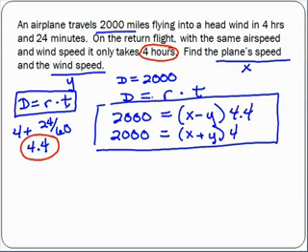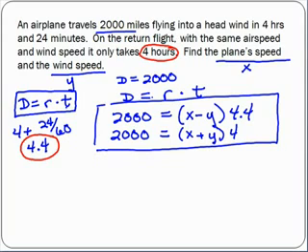Okay. So we can think about how we want to solve this. You could distribute the 4.4 up here on the first one and the 4 on the second one, and then you'd have the x's and the y's there, and then use elimination. If you see another way, maybe substitution. So think about how you could solve that using substitution.